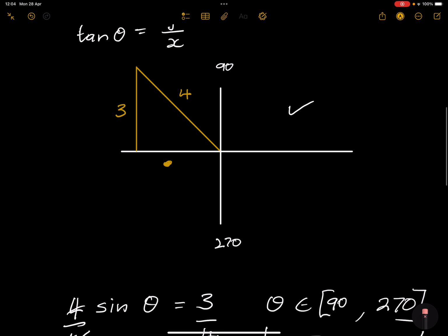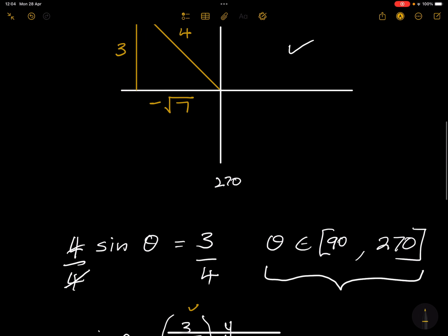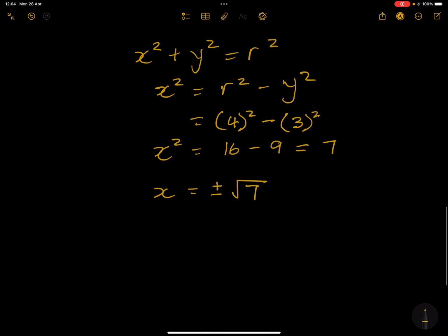And so what this gives me is that I have got the negative x value here. So as a result, I've got negative root of 7.